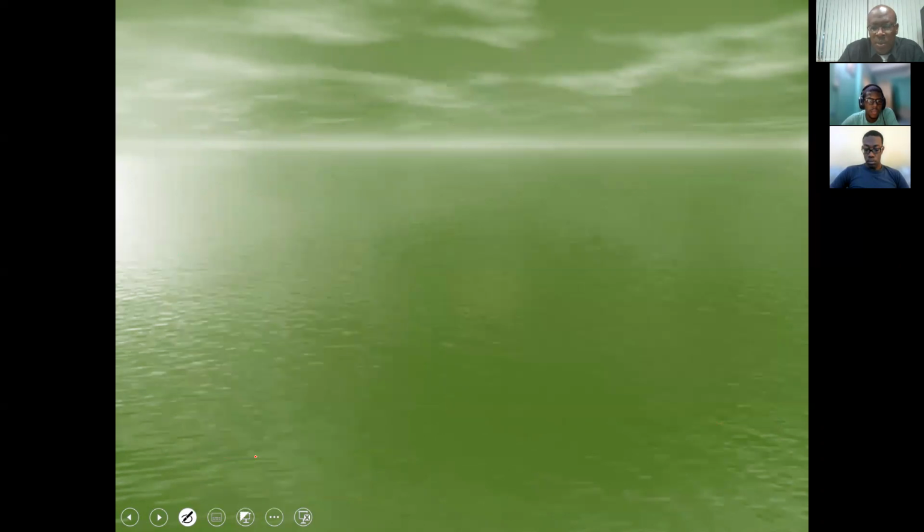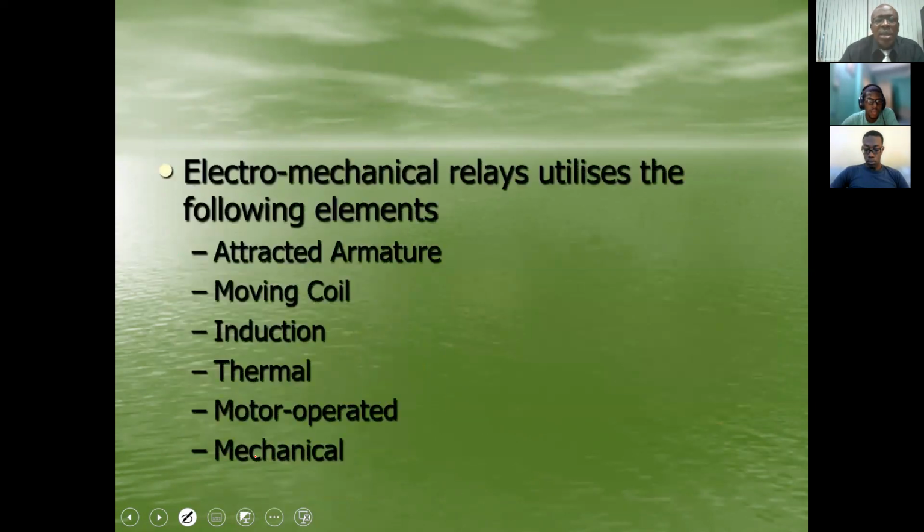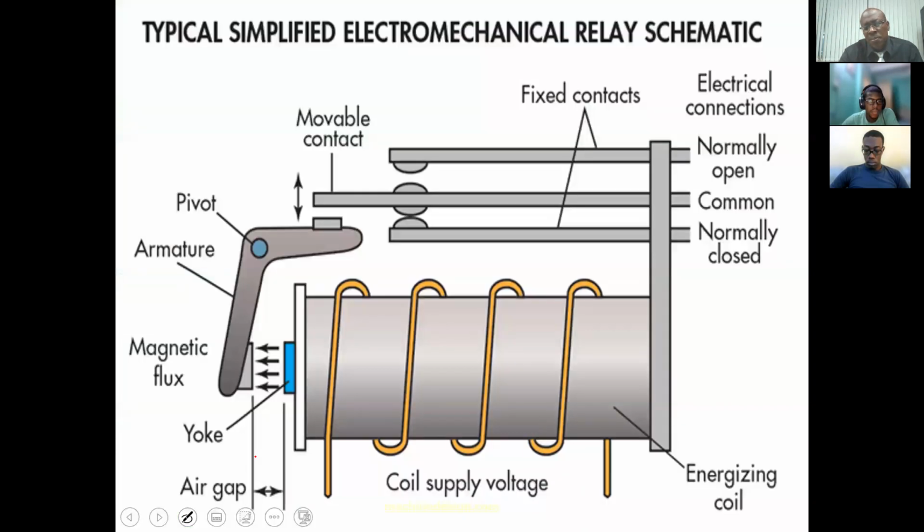So that's something we're just reiterating. So in terms of technologies, for your electromechanical, you have the attracted armature, moving coil, induction cup, thermal, motor operated, mechanical. So we are showing here, you have some moving parts. So you have the energizing coil.